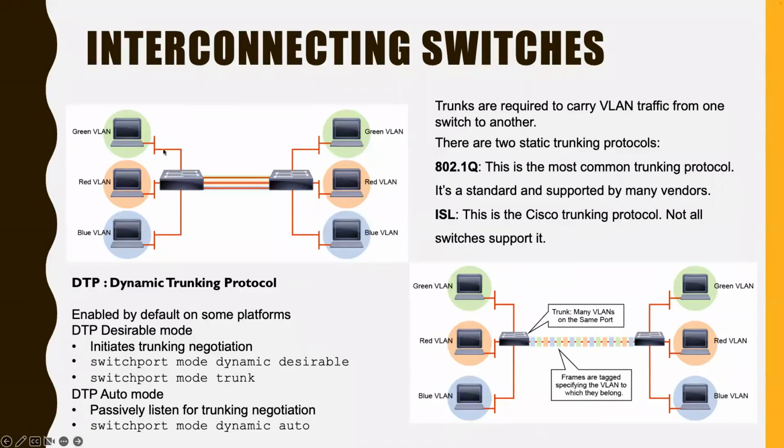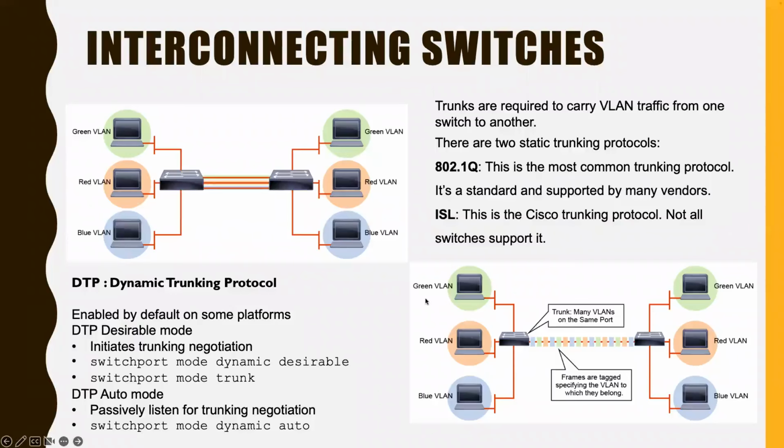If I want to keep them separate, and I want the green VLAN host on the left side to communicate with the green VLAN host on the right-hand side, then if there is no concept of trunk, I'll have to connect three different access ports over here. First link in access VLAN green, second in access VLAN red, third in blue VLAN. That's where we are wasting infrastructure.